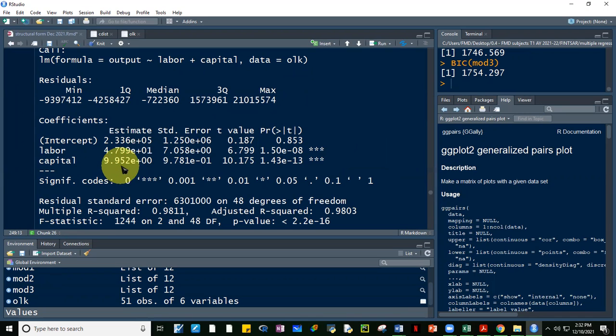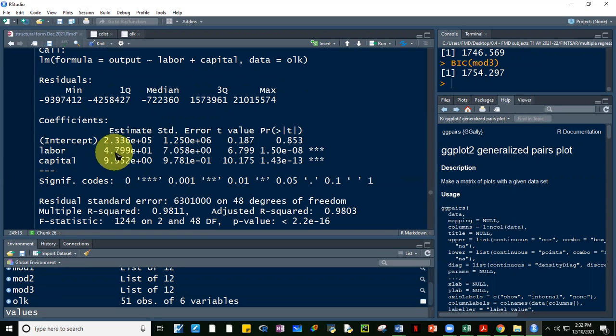So how do we interpret this, guys? These are in units, since this is just the lean model. We don't interpret elasticity. For every $1 increase in capital, there's a corresponding $9.95 increase in output.